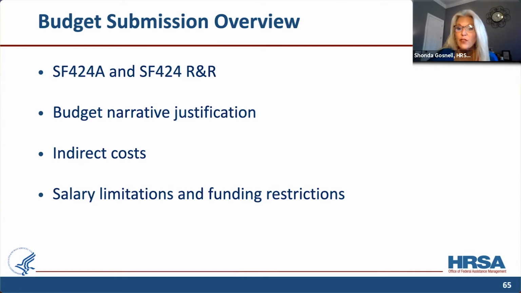So effective January 3rd of 2021, the salary limitation for Executive Level 2 is $199,300. You will also want to pay important attention to any program-specific funding restrictions, which, if applicable, will be identified in the NOFO. Now let's move on to discuss how to write a strong application.